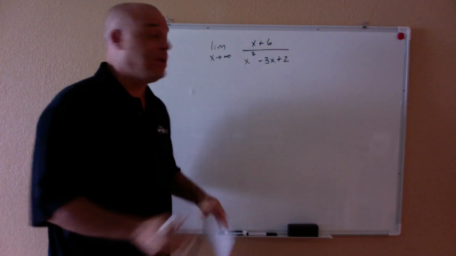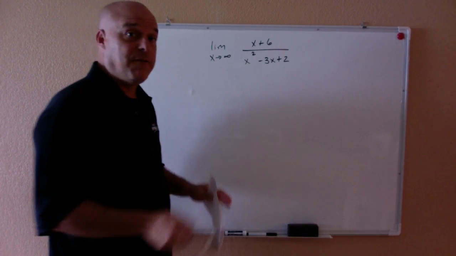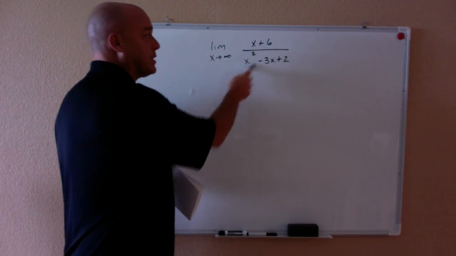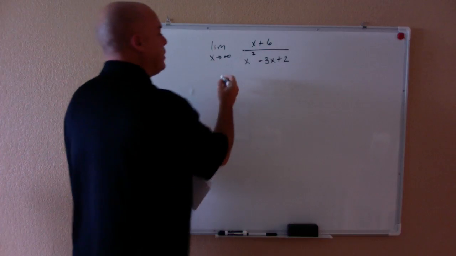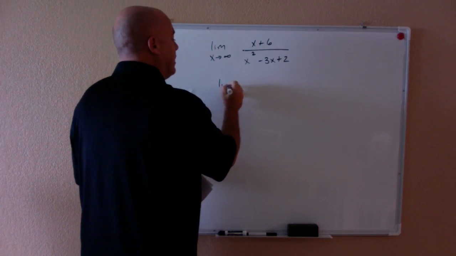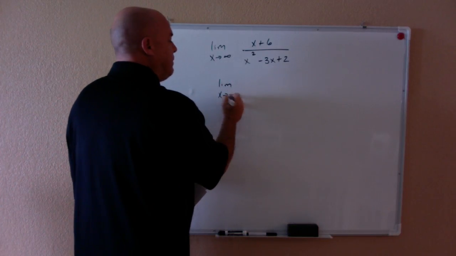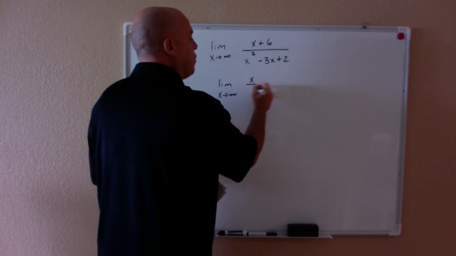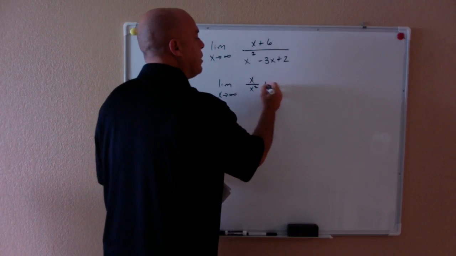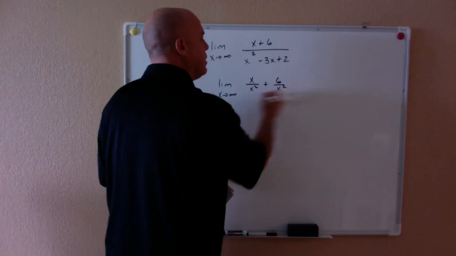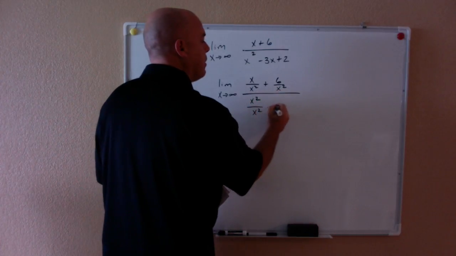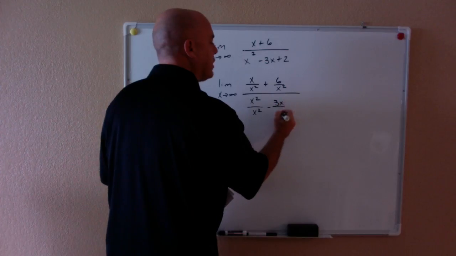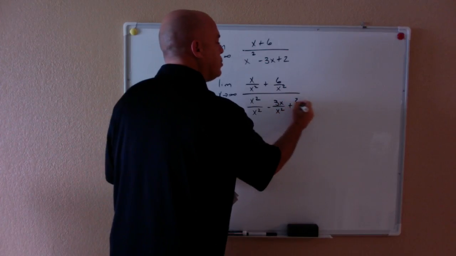I'm going to do the same thing I did a second ago. I'm going to identify the largest term in the polynomial. In this case, it's the x squared. I'm going to divide by everything in that term. So if I take the limit as x tends to infinity of x over x squared plus 6 over x squared, divided by x squared over x squared minus 3x over x squared plus 2 over x squared.